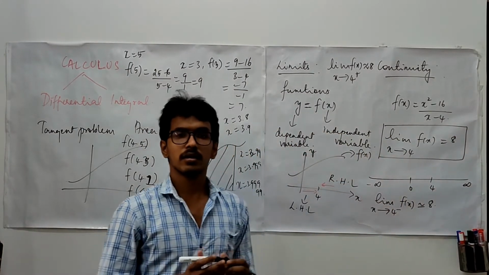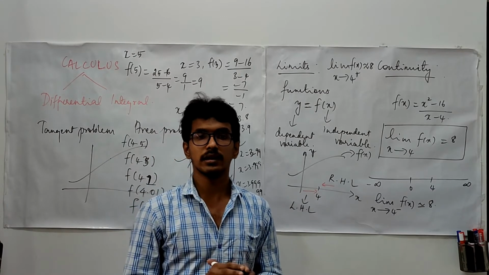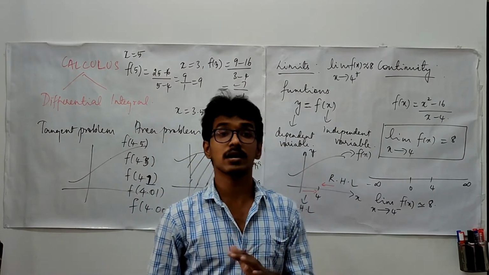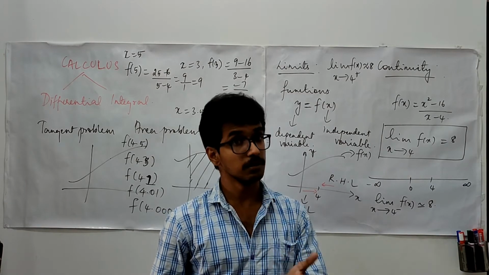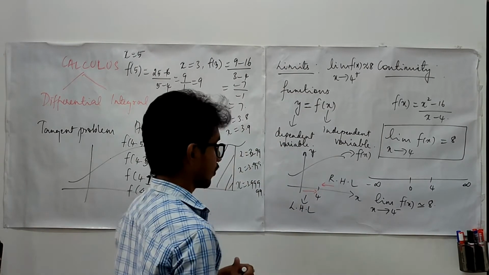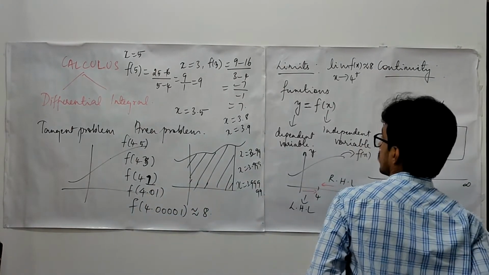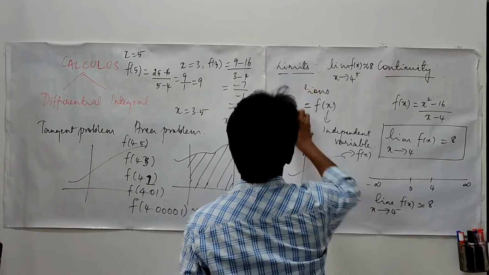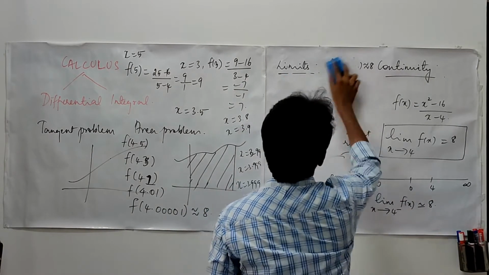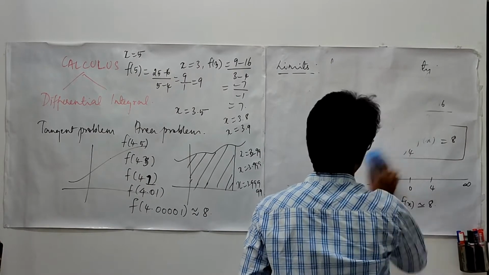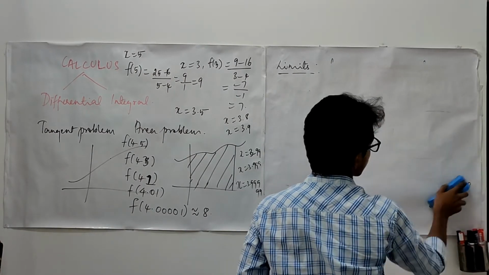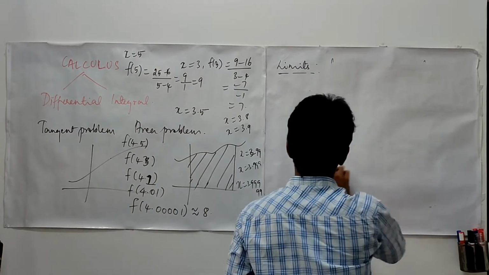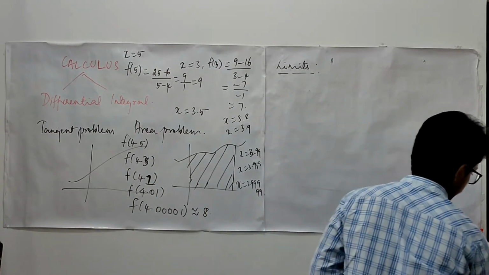Right? It is not necessary that the limit must always exist. There may be some situation where the limit need not exist. For example, let us consider the function x upon 1 minus x.